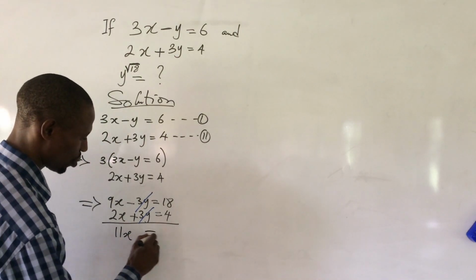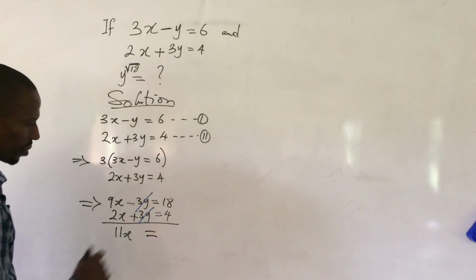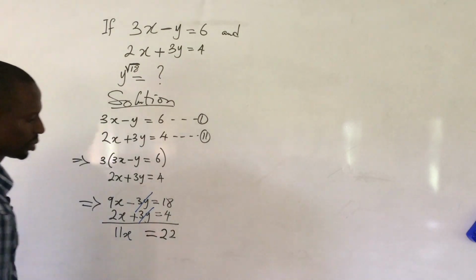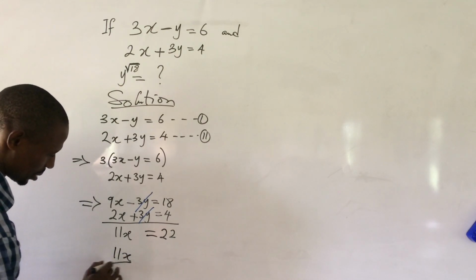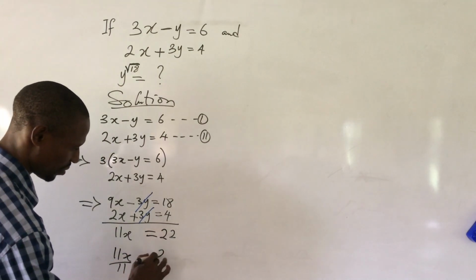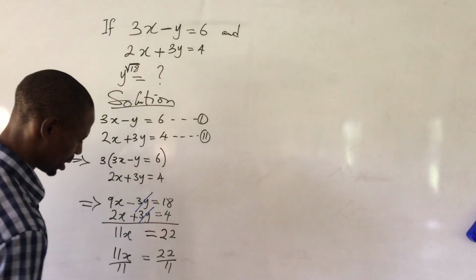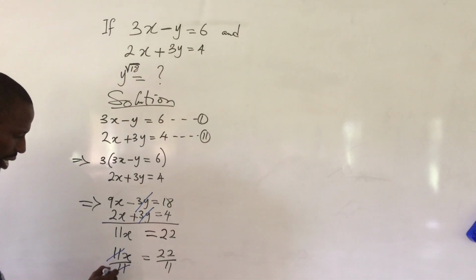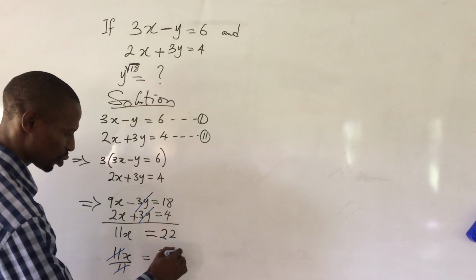Then equal to 18 plus 4, which gives us 22. All right, so from here, we can look for x. Divide both sides by 11. We strike out 11 at the bottom, 11 here, 1. 11 here will give us 2.